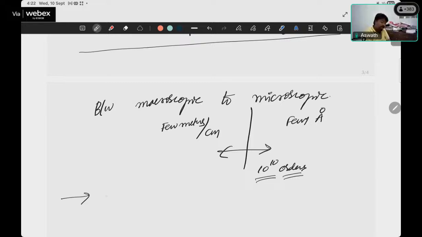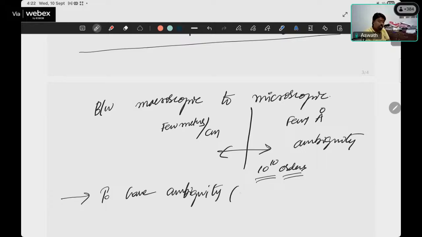So there is this ambiguity, na? Ambiguity means superposition, existing in multiple states at a time.